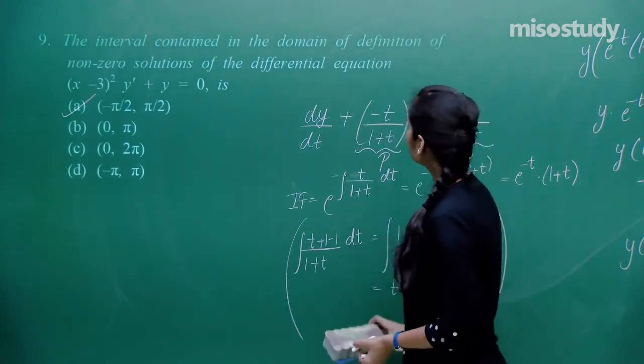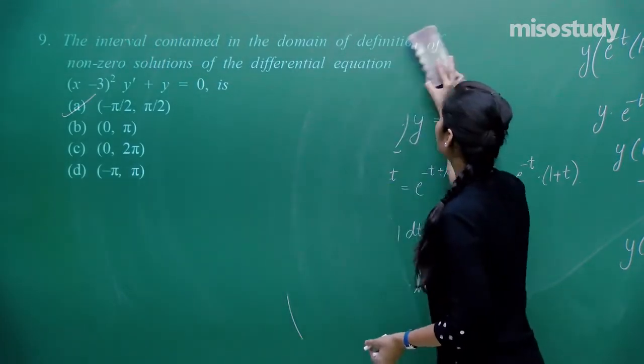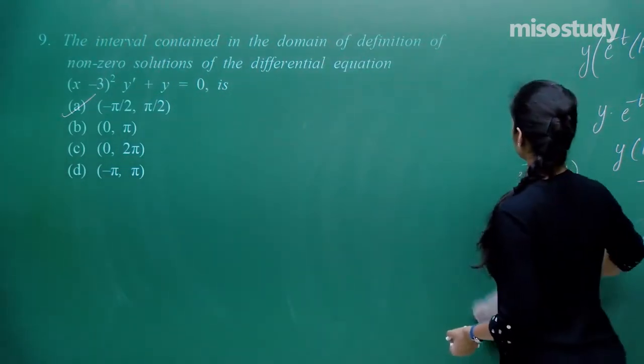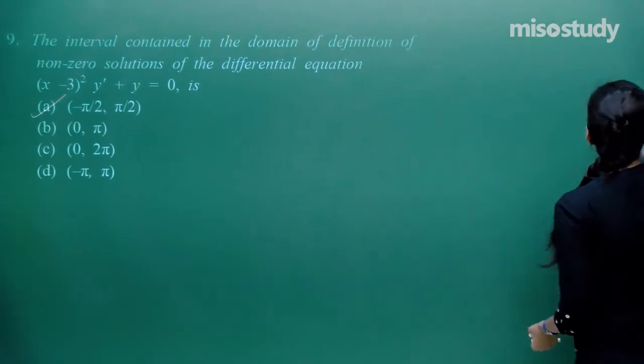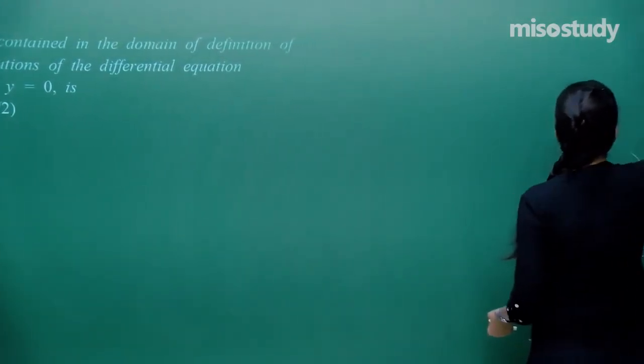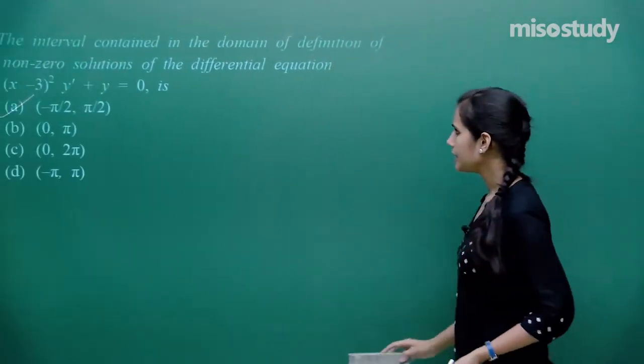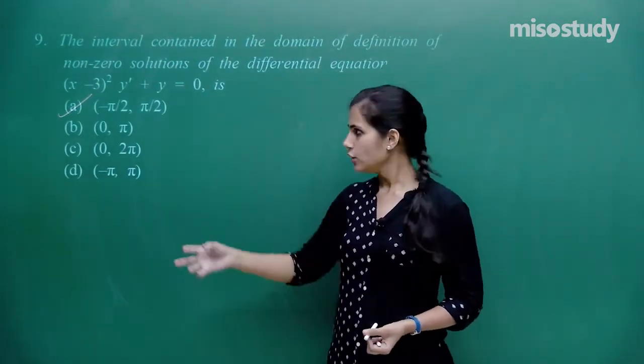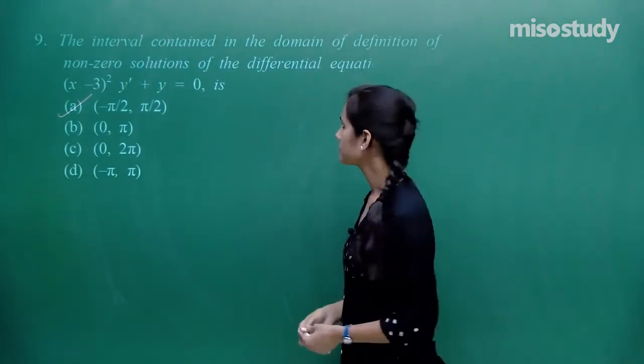Interval contained in the domain of definition of non-zero solutions of this given differential equation is what? So first of all we need to compute the solution of this differential equation and then see in the domain of the solution which interval is contained.